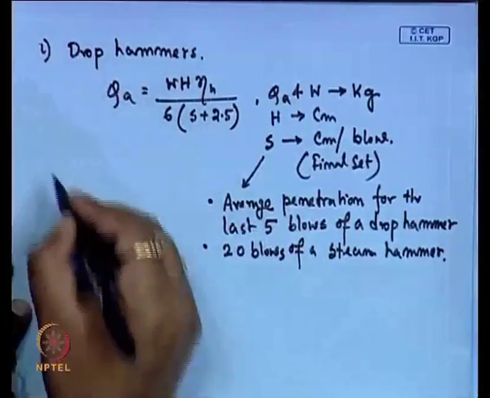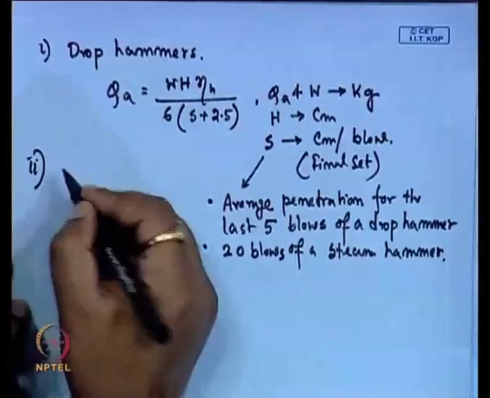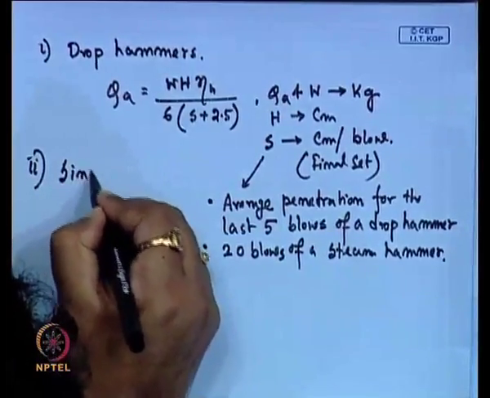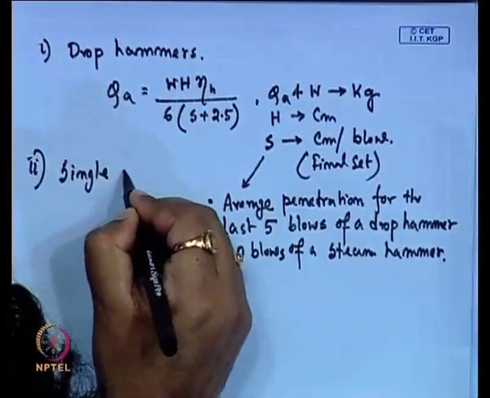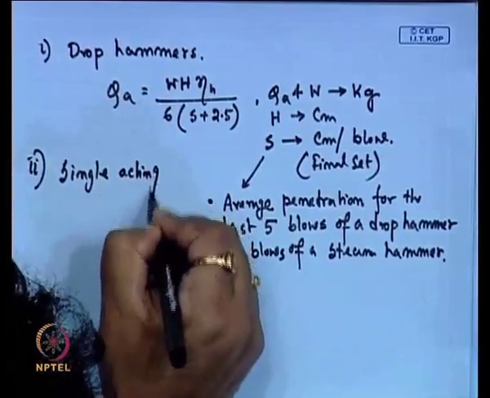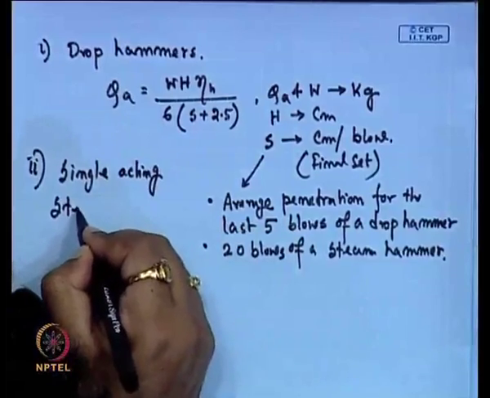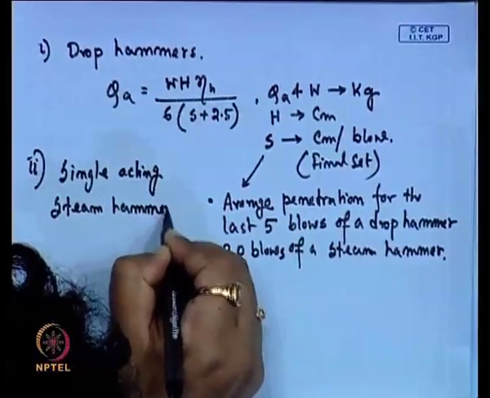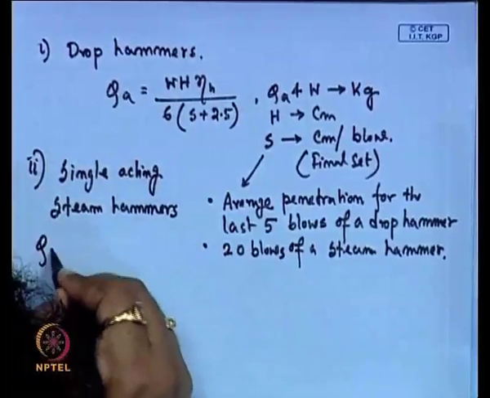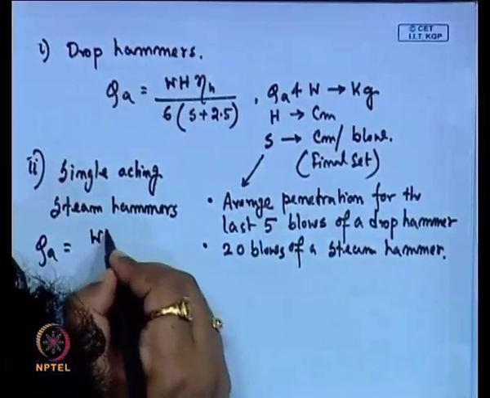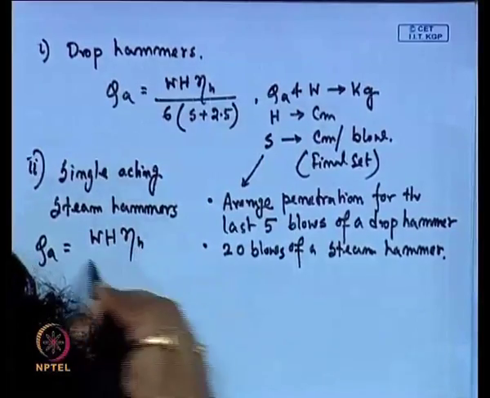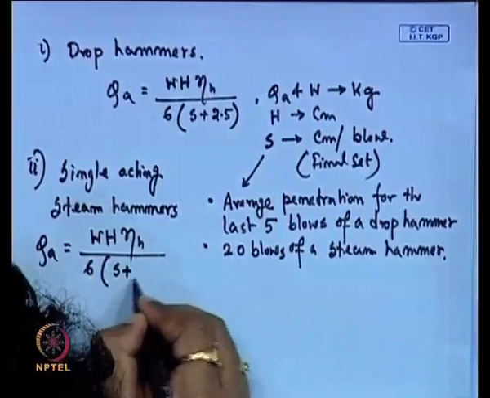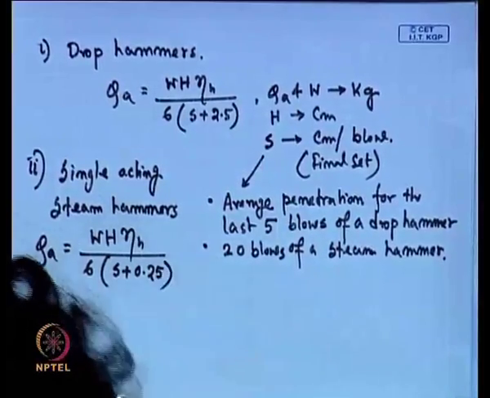So, similarly, for the steam hammer or single acting steam hammer, this Q A is equal to W into H into efficiency by 6 plus S into 0.25.